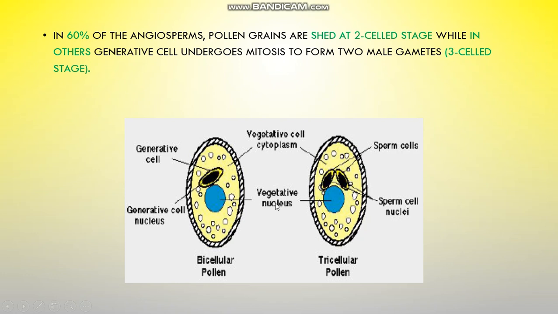Now, in the 60% where it is released at the two-celled stage, once the pollen grain germinates on the stigma and pollen tube formation occurs, at that particular time the generative cell divides and forms the two male gametes. Means finally this also changes into the three-celled stage.